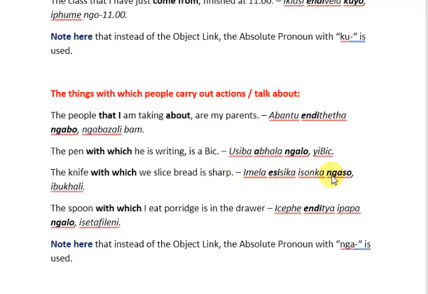Imela esisika isonka ngayo ibukhali. The knife esi, which we sika, cut, isonka, bread, ngayo, with it, is sharp. And the spoon with which I eat porridge is in the drawer. Ixhwama endidlisa ipapa ngalo isedroweni, not etafileni.